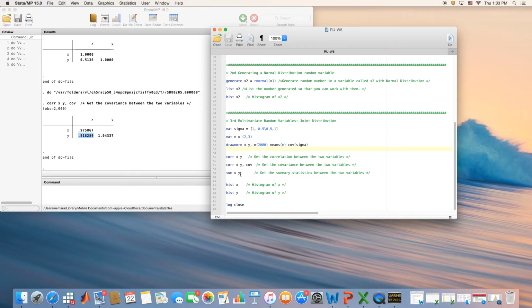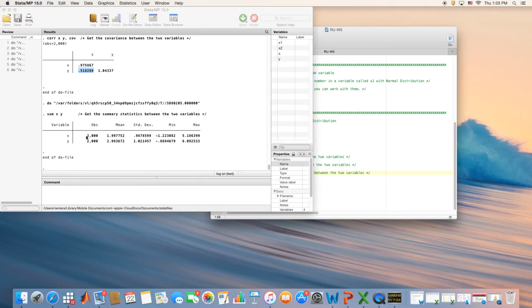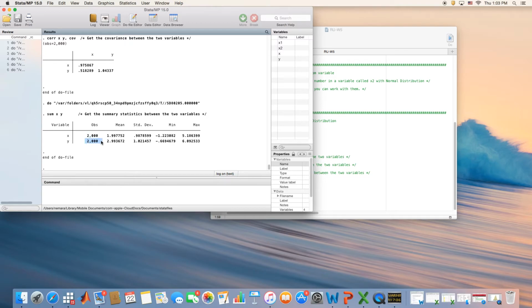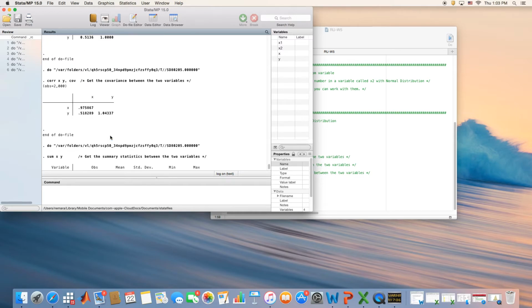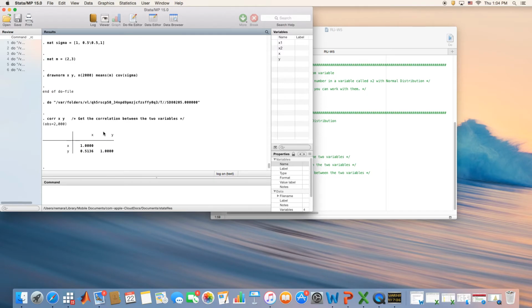We can also check the statistics, so you can do a summary of the statistics of these two variables. Again, we have already created 2000 observations, which is the number of observations we decided. The mean, if you approximate this, you would get 2, which we have decided. Remember, we have it right here. We decided that the x mean is 2 and the y mean is 3.